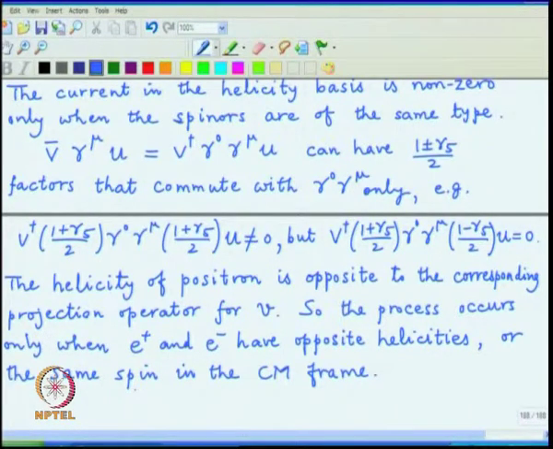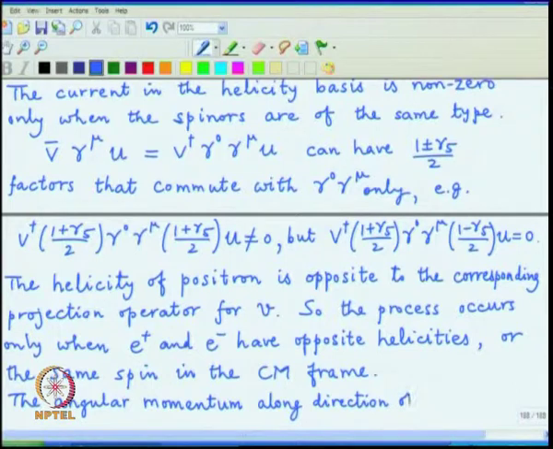So, the angular momentum along the direction of collision is 1.